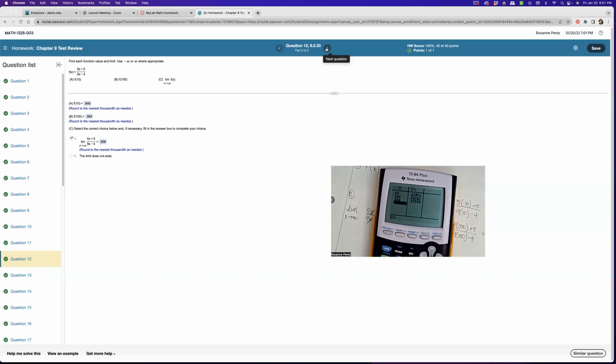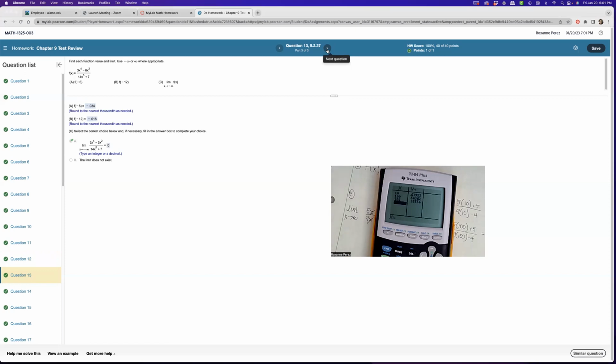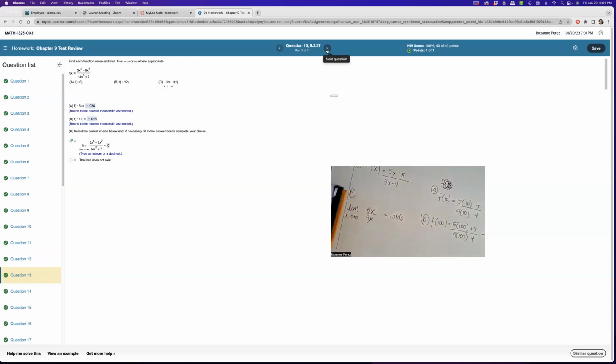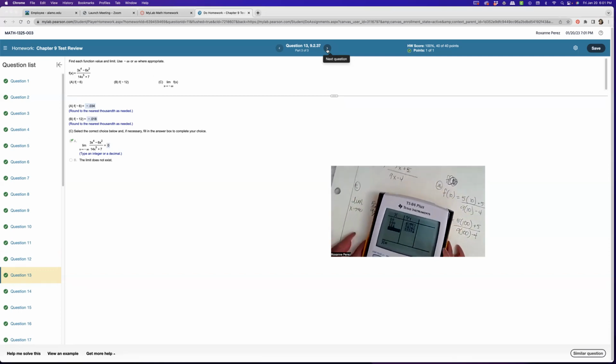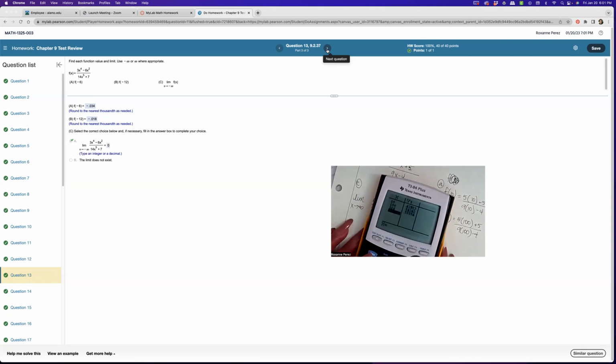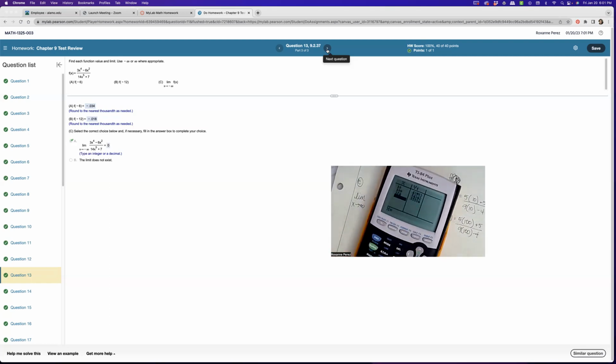Okay. So next problem, 13. So again, we're given a function. You can do it longhand, or you can do it the same calculator way. And I'm going to show you guys how to do the calculator, because everybody, again, should be familiar with plugging in your variable value for x and calculating that.